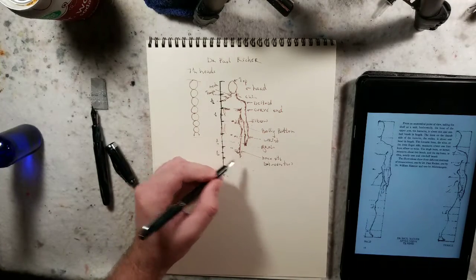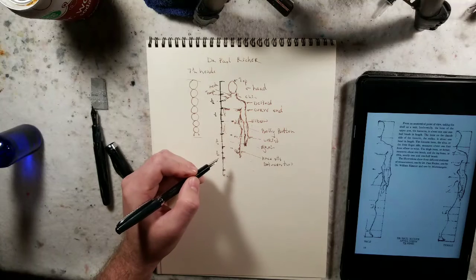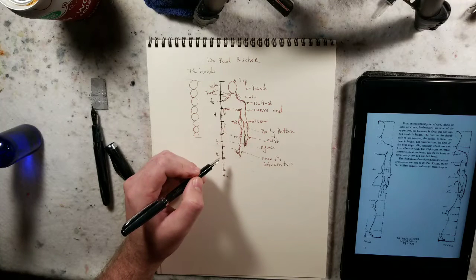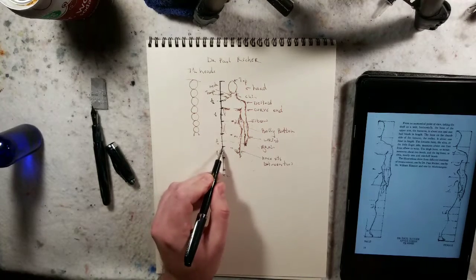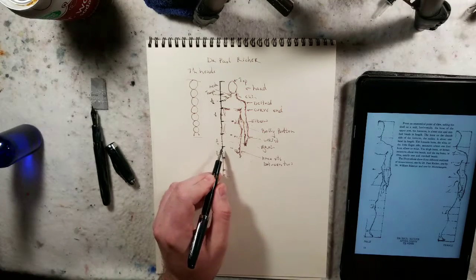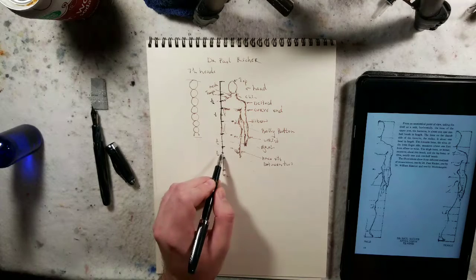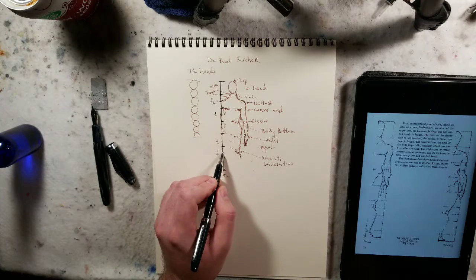At the next, I've gotten a little distracted. Okay, so half, full is top of knee, 1/8 is below knee, 1/2 of that, so 1/16 down is below the knee.